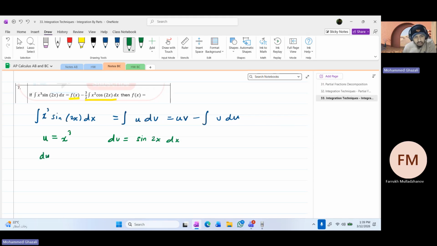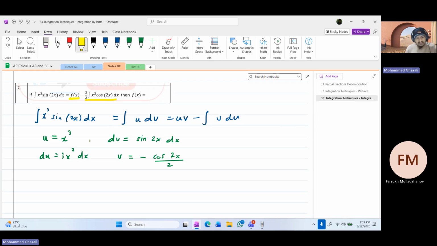If you differentiate u, you get 3x squared dx, right? And if you integrate dv, you get negative cos 2x over 2, because the derivative of negative cos is sine.